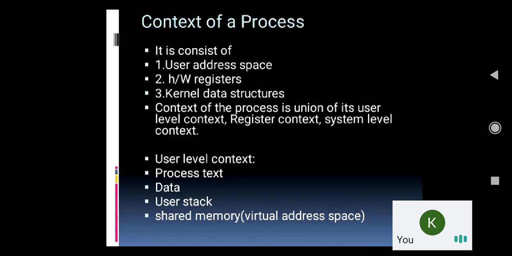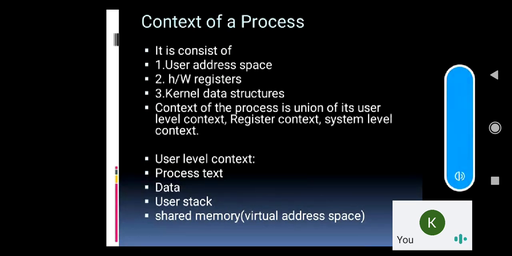The second one is hardware registers. Now we have a process, and we are going to execute it. The process must be placed in some hardware locations, and by placing it there we execute it. So you will have hardware registers in your computer system, and we take this process, which may consist of some data, and that data will be placed into the registers of your computer.